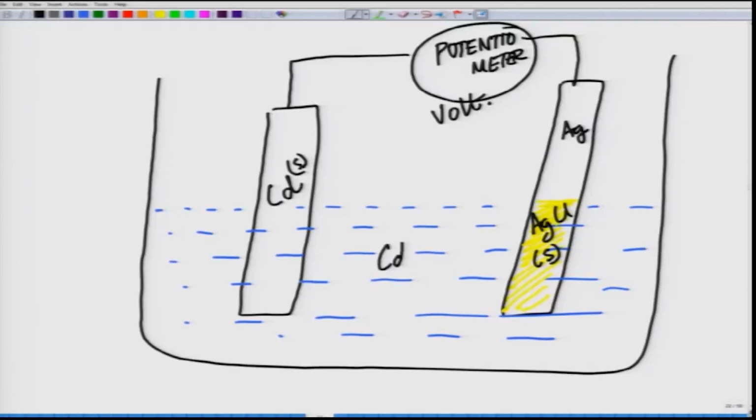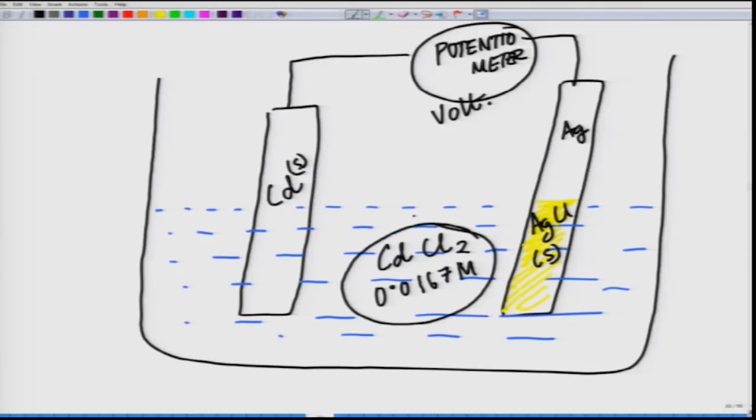Electrolyte is cadmium chloride. So you are seeing I haven't put any separation here, and for your interest this is around this much molar, which has been standardized over a period of time, and in this case your cadmium is the anode, and as you remember, the anode is the place where the oxidation is happening.